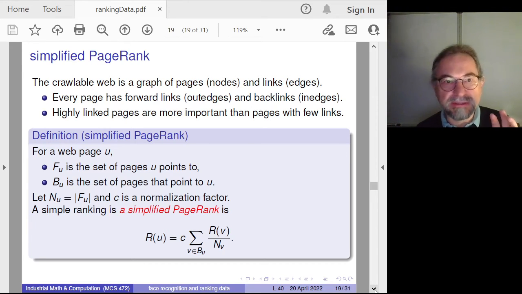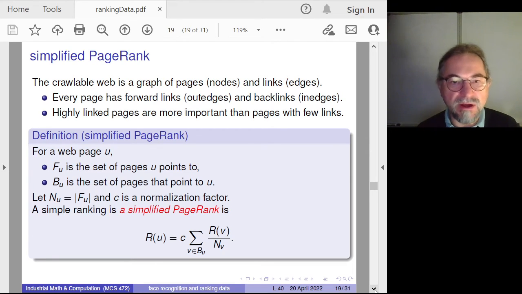So this PageRank is a very natural model. There are some scalings here. So one divides by the number of pages in the forward links. That's the denominator here.